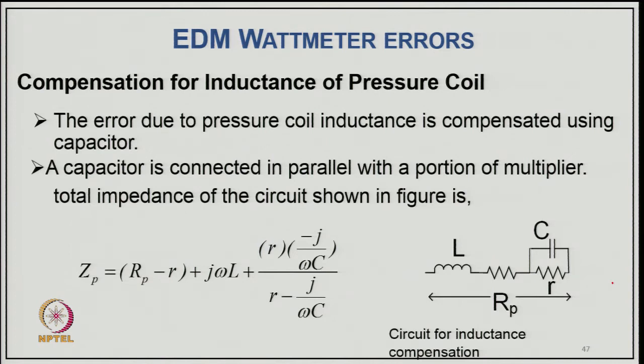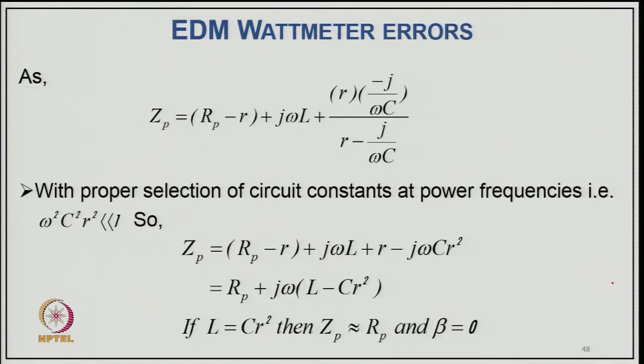So, Zp equals (Rp minus R) plus j omega L plus R in parallel with minus j upon omega C. With proper selection of circuit constants at power frequency, that is omega squared C squared R squared much less than 1, we can say Zp equals (Rp minus R) plus j omega L plus R minus j omega C R squared, or Rp plus j omega (L minus C R squared).